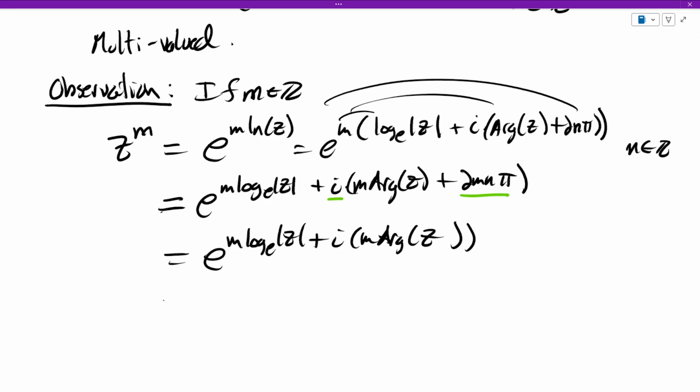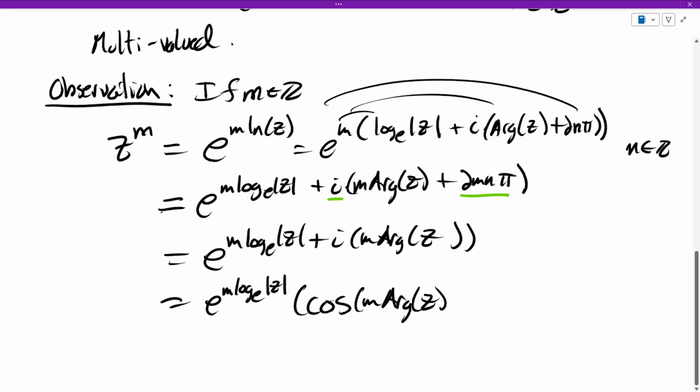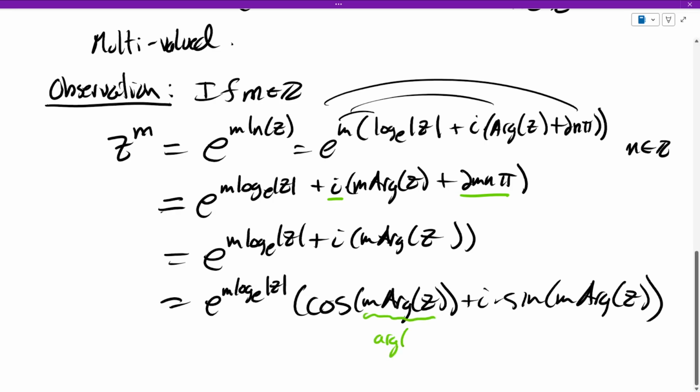Now, what is this? This is equal to e to the real part, cosine m arg z, so cosine of the imaginary part, plus i sine m arg z. Now this term here is an argument of z to the m. It might not be the principal argument, but it is an argument of z to the m. This guy here is really log base e of the modulus of z to the m.